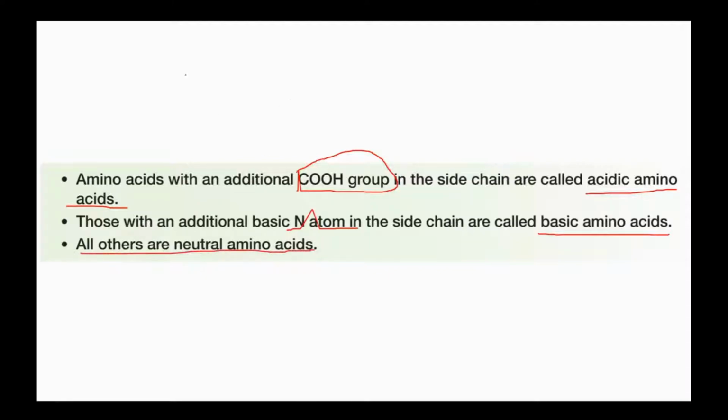So amino acids could be acidic, they could be basic, and amino acids can be neutral. So this is AA for amino acid.